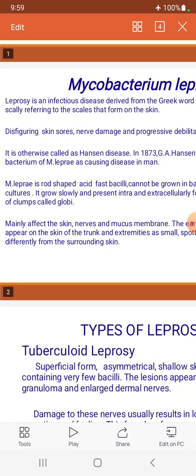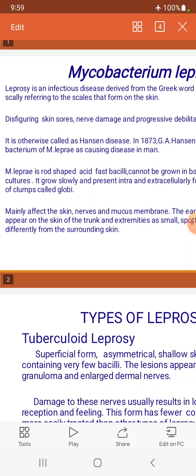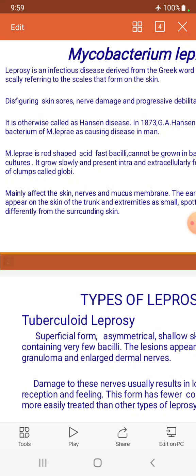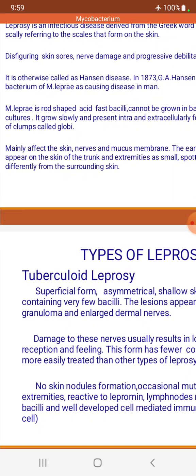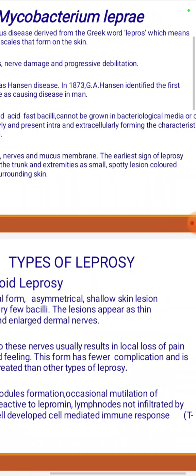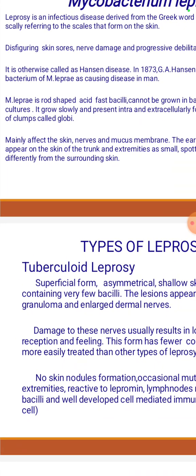In tuberculoid leprosy, it is a superficial form, with asymmetrical, shallow skin lesions containing very few bacilli. The lesion appears as thin granuloma and enlarged dermal nerves. It may damage these nerves, usually resulting in local loss of pain, sensation and feeling.